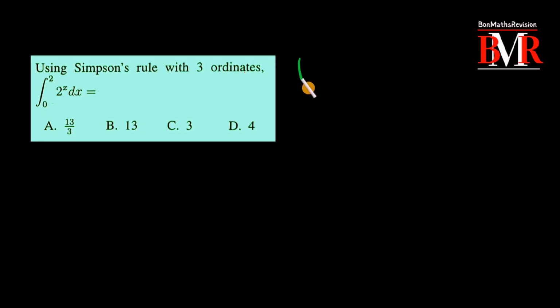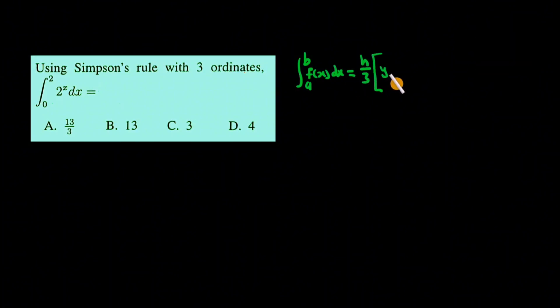The integral from a to b of f(x) dx is equal to h over 3 into y0 plus yn, plus 4 into y1 plus y3 plus so on, plus 2 into y2 plus so on.